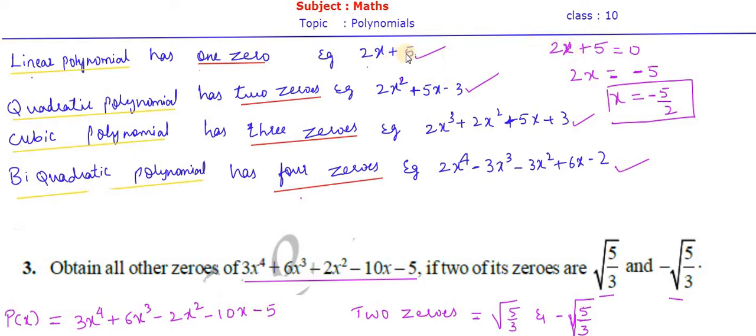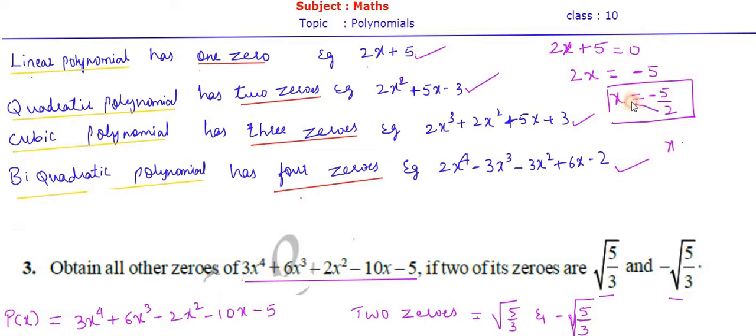We know that when they give the linear polynomial, you can find the zero. Suppose here they gave 2x plus 5, so we found the x value. Suppose they give the x value, how do we find the equation? It's just a reverse process. So what can we do here? It's very simple. Here x is equal to minus 5 by 2, so you can cross multiply.